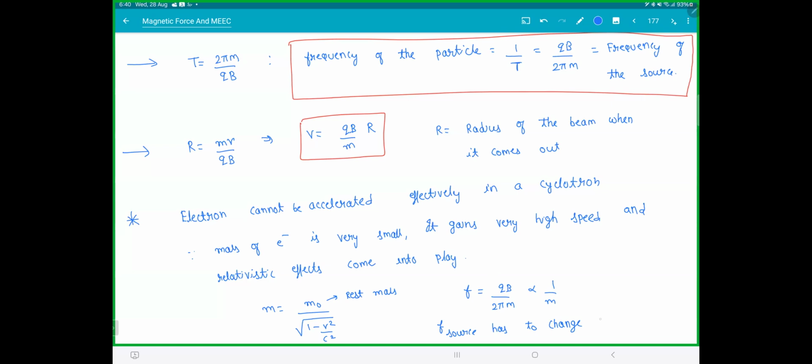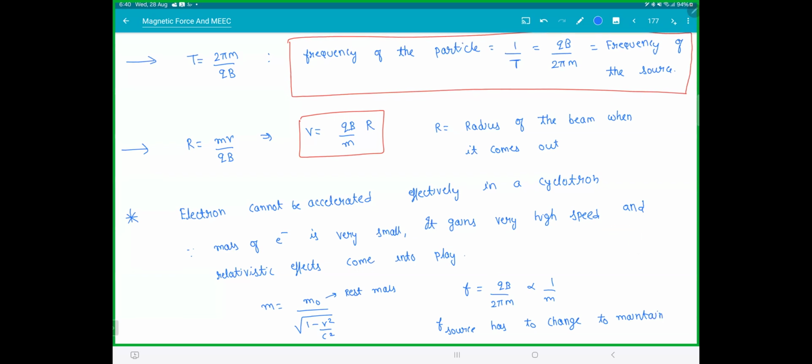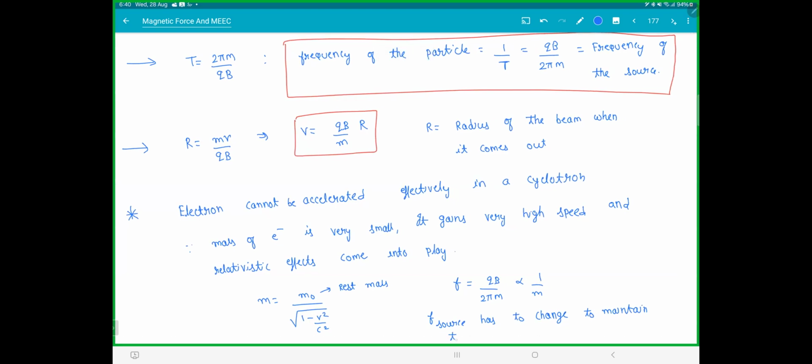It's very difficult to adjust every time. So the electrons will actually get pushed out and they'll start hitting the walls. This will happen even with the other particles also, but for electrons, it will happen much faster.